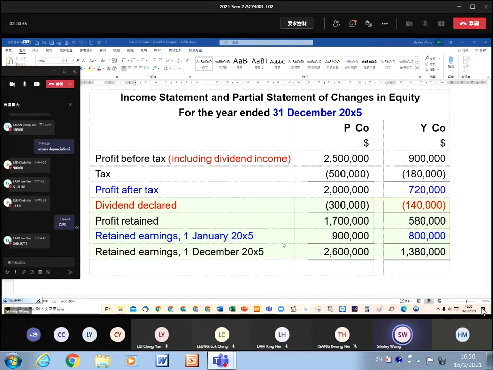That means all the expenses are included here. For example, if there is depreciation, goodwill impairment, dividend income, all will appear in this line. Therefore, when you come across that, you need to prepare the consolidated journal entry and put all the expense items and income items on the same line of the profit before tax.